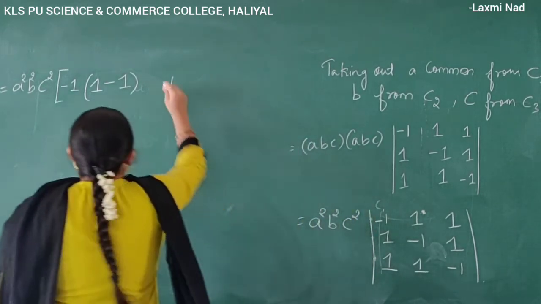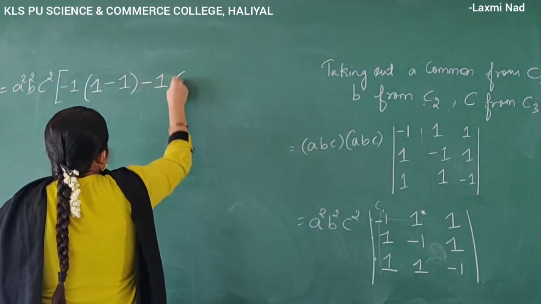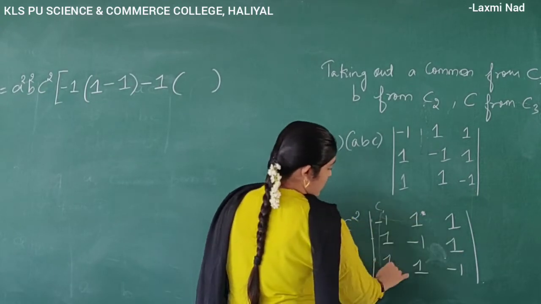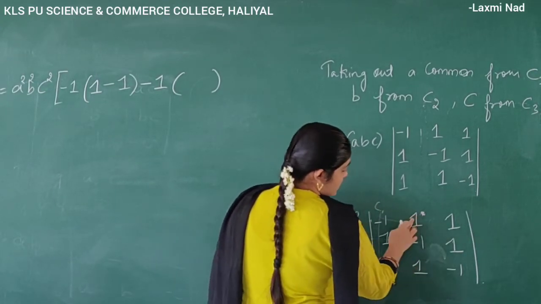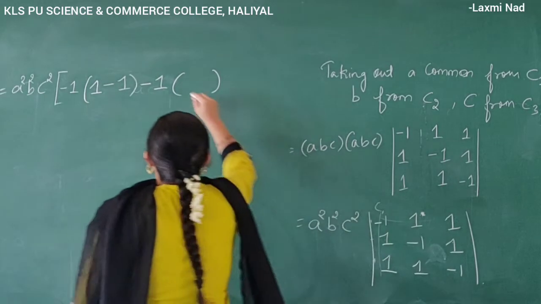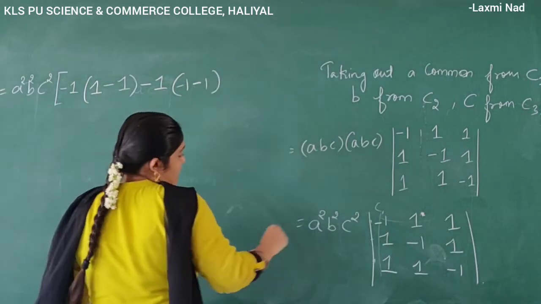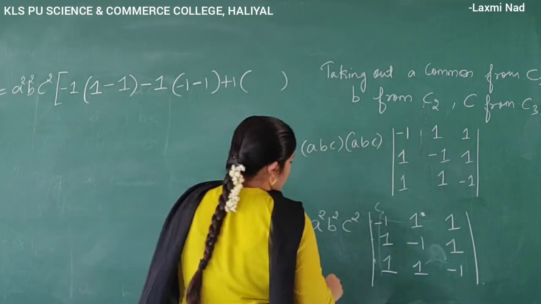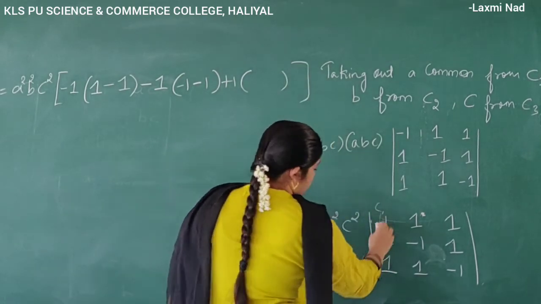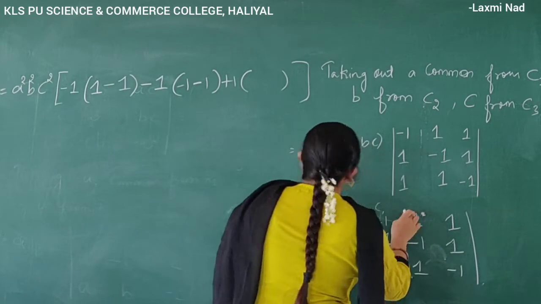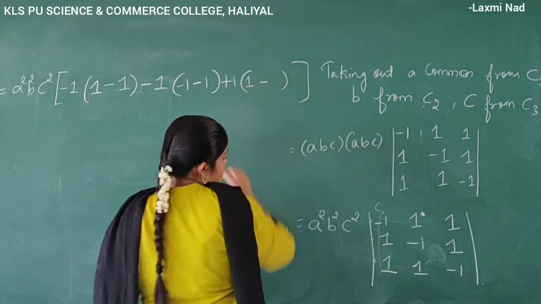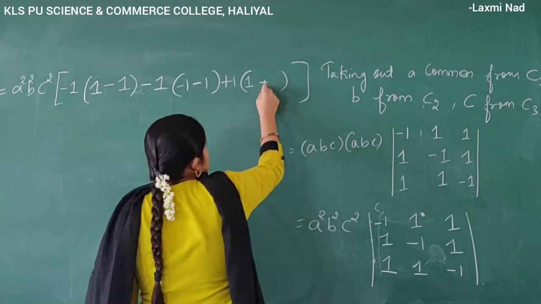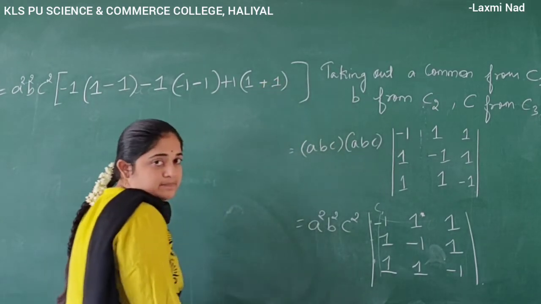So minus 1, deleting that row and column, you are left with minus 1 into 1 is minus 1, and lastly plus 1. Deleting this row and column, 1 into 1 is 1, so here minus 1 will go. So here also minus, minus minus becomes plus.